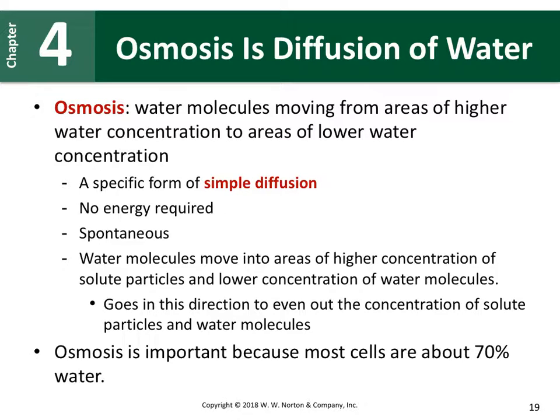So osmosis is water molecules moving by simple diffusion. Osmosis is important. Well, all of our cells are basically 70% water, and water is the universal solvent.